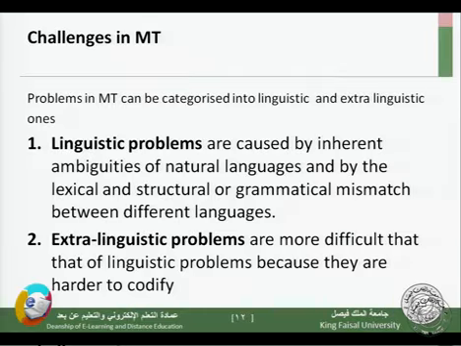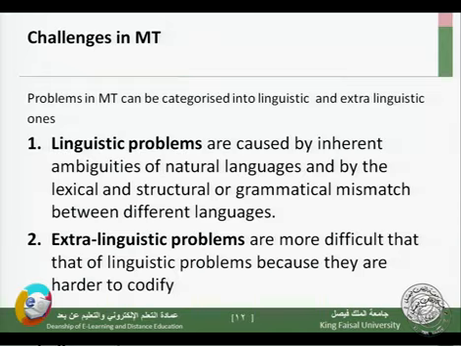There is a kind of mismatch. You cannot get this exact match of lexical, structural, grammatical issues or aspects or texts or units from a machine translation, or even computer-aided translation programs.